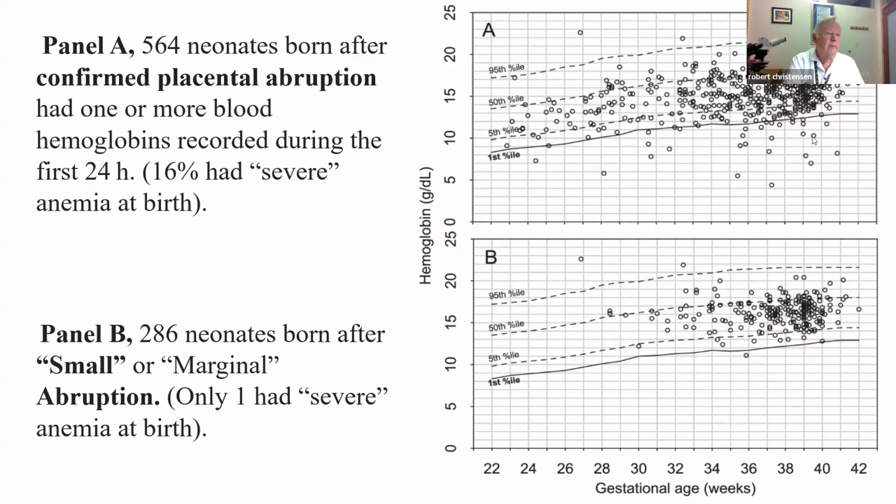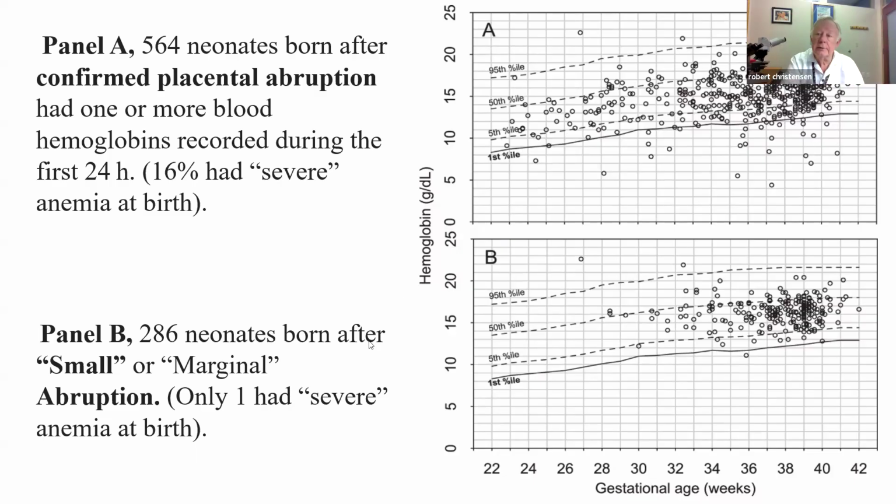Notice that several of them fall down here below the first percentile line, with hardly any above the 95th percentile line. It looks like the whole thing is just pulled down a little bit. If you look below the 5th percentile line, about 25% of all the babies are below the 5th percentile.